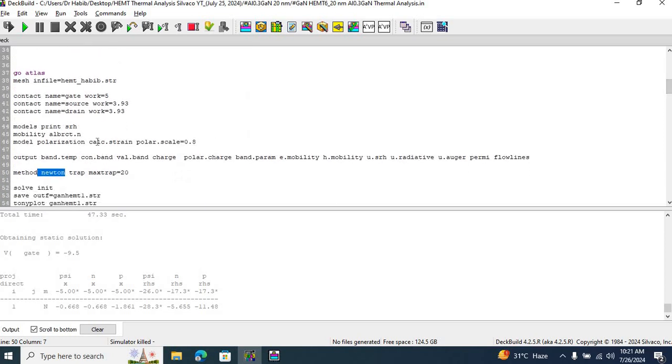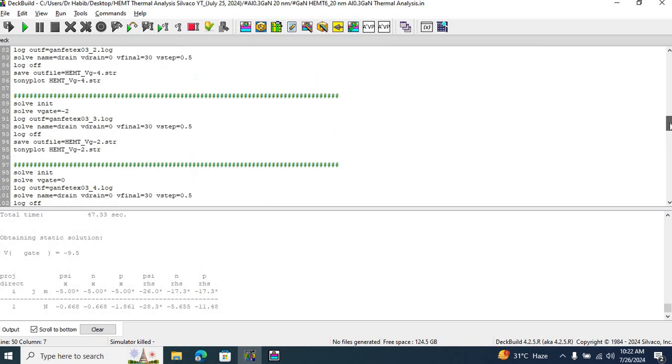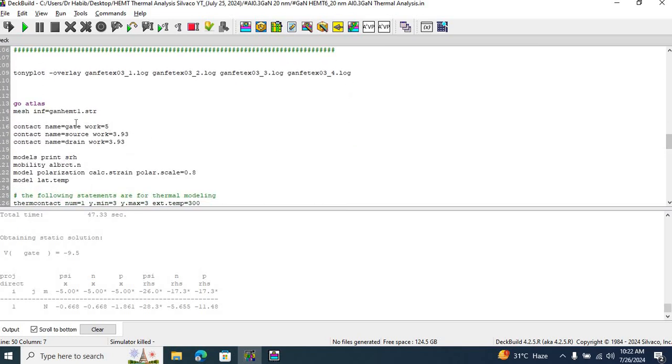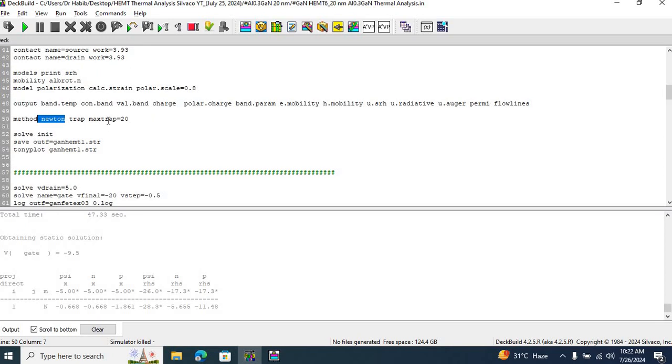Then in this second module of Atlas, I perform the drain current characteristics of this HEMT without heating. And then I also have defined a third module of Atlas Silvaco TCAD where I perform the simulation of this HEMT device with heating effect. So in this second module, we don't need to include a heating model. We are going to include the heating model in the third Atlas module. You also see the max trap.